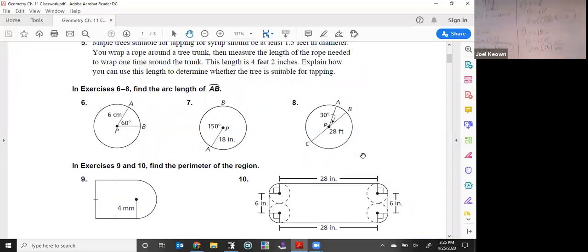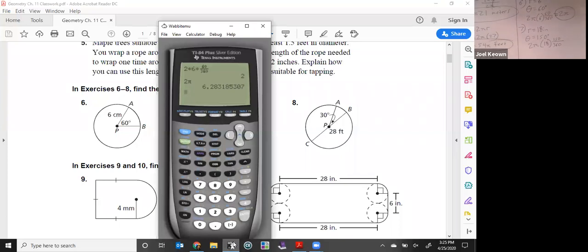Again, plug in my calculator. So 2 times 18 times a fraction of 150 divided by 360. 15. And since I didn't use the pi, my answer is going to be 15 pi.